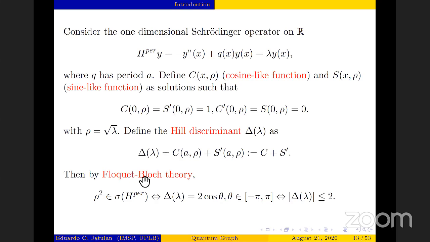Here, by Floquet-Bloch theory, we can actually get the spectrum of this Schrodinger operator. Rho squared is in the spectrum if and only if this equation is satisfied.